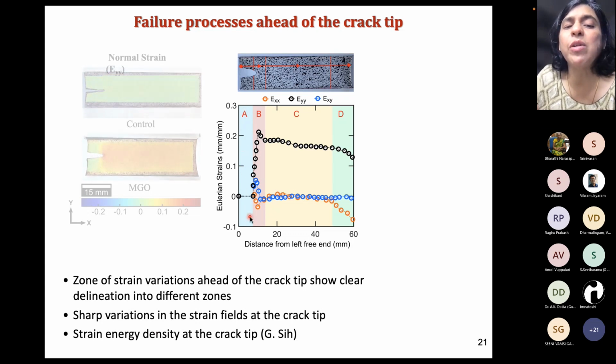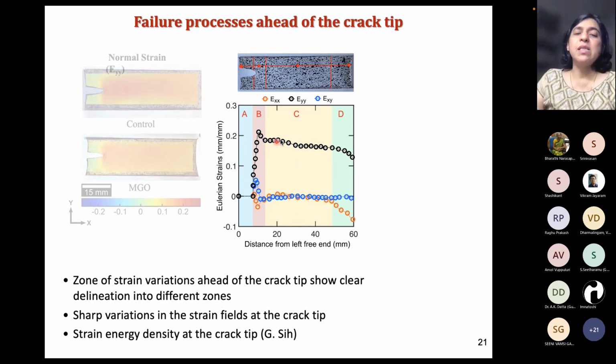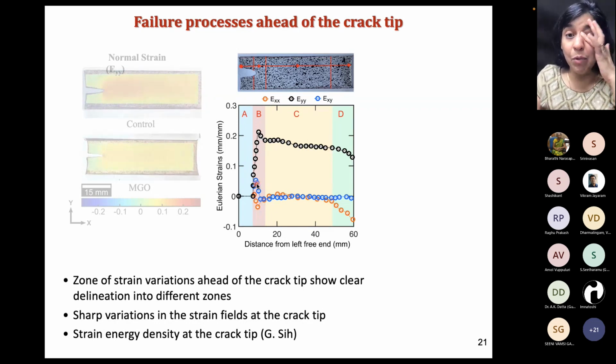So you have this almost zero region here. In this domain B, we have a very complex evolution of strains that occur exactly ahead of this crack tip and reach a maximum, and they start plateauing out. This is the EYY, and these are the EXYs in blue, which are the shear strains.